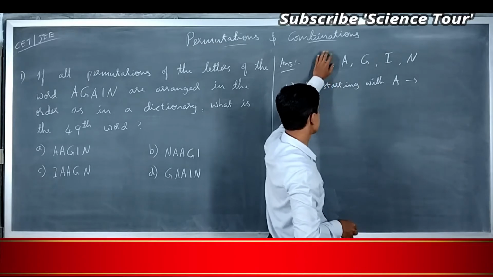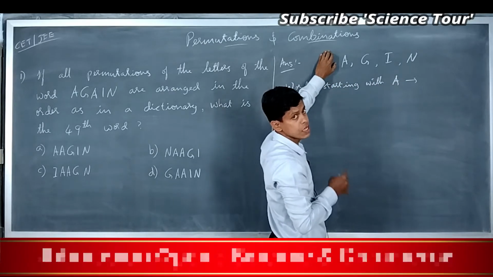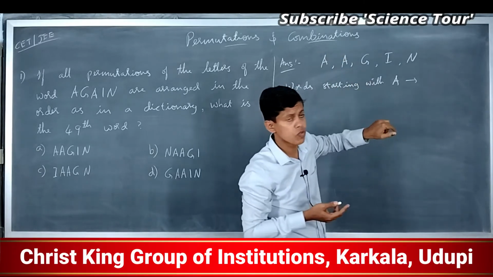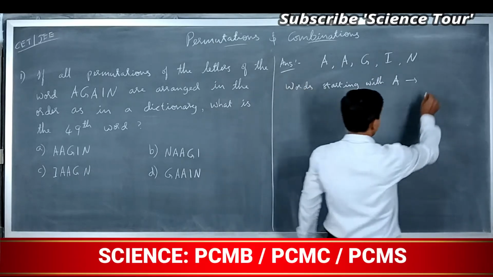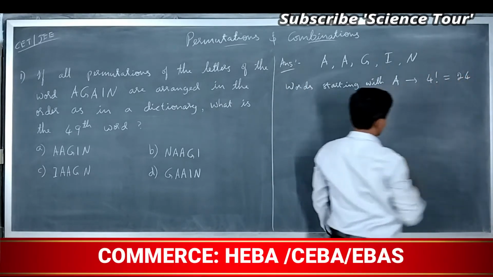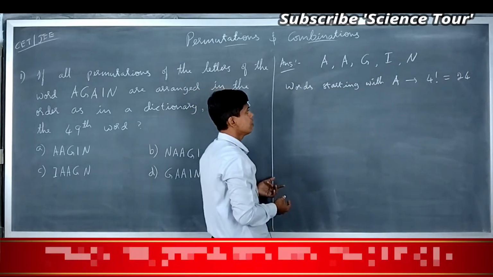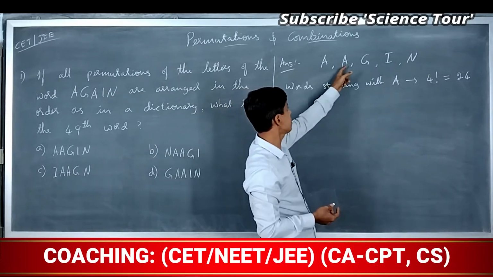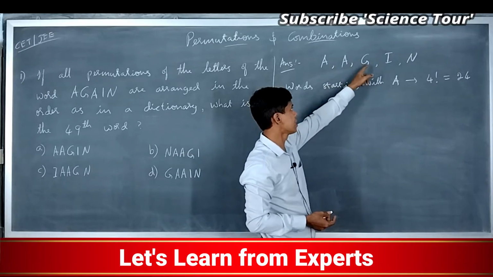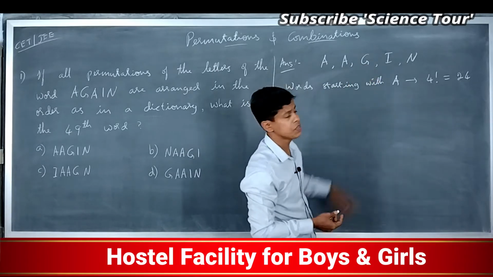Fix A in the first place, then arrange 4 letters in 4 places. So that is 4P4, 4 factorial, which is 24. So there are 24 words starting with A. Now letters, I mean words, beginning with G.